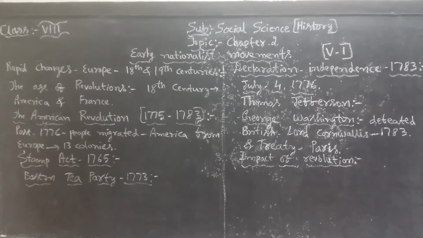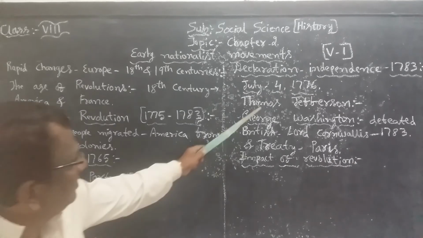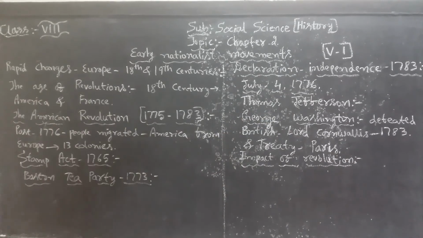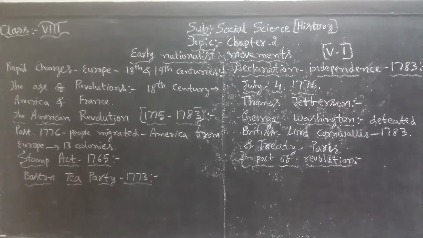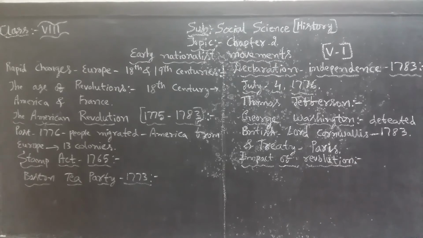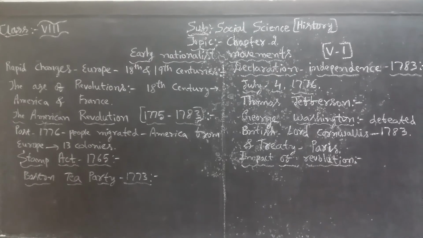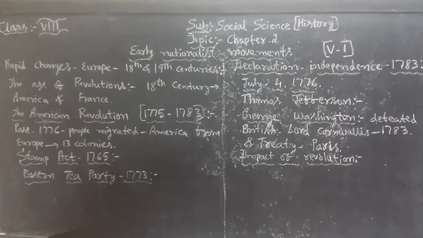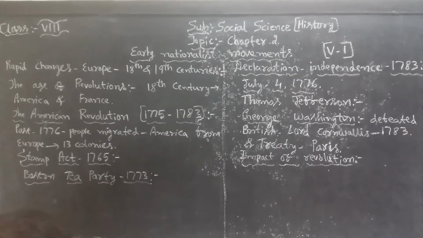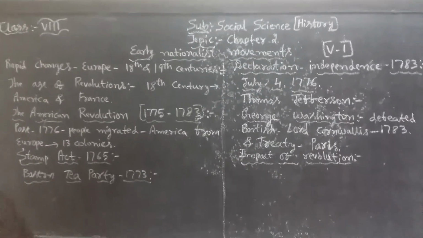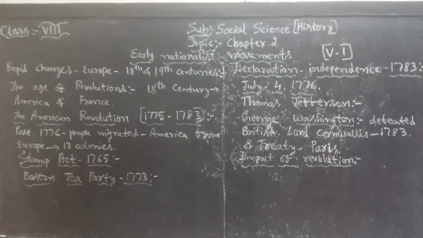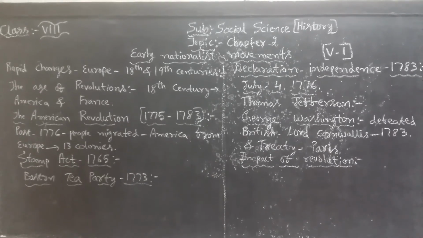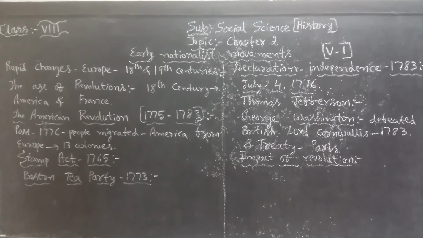American philosopher Thomas Jefferson was the principal author of the Declaration. It stated that all men are born equal and are endowed with the inalienable right to life, liberty, and the pursuit of happiness. It also asserted the right of people to form their own government.